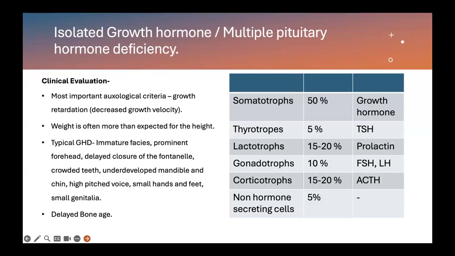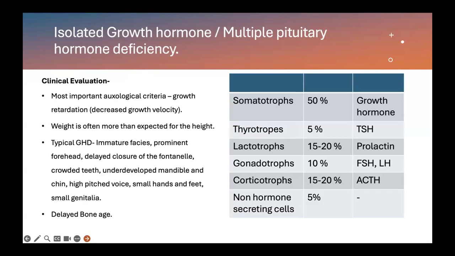Children who present early with growth hormone deficiency, such as those which have genetic causes or congenital developmental anomalies around the hypothalamo-pituitary region, have typical clinical features of growth hormone deficiency, such as immature faces, small hands and feet, depressed nasal bridge, and underdeveloped mandible.